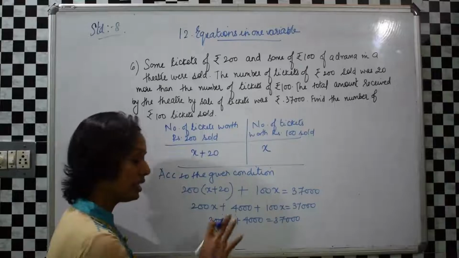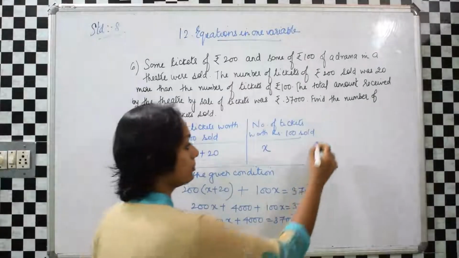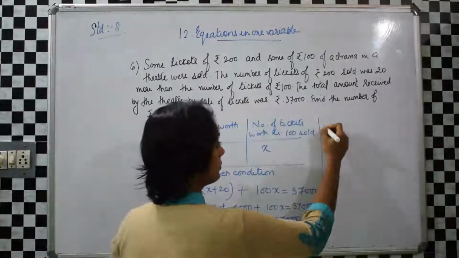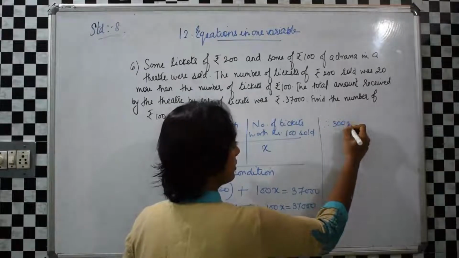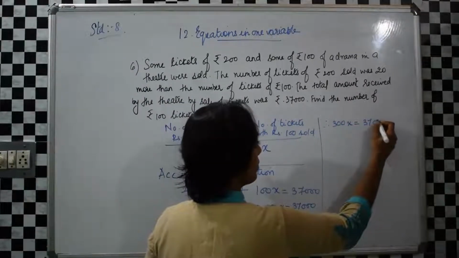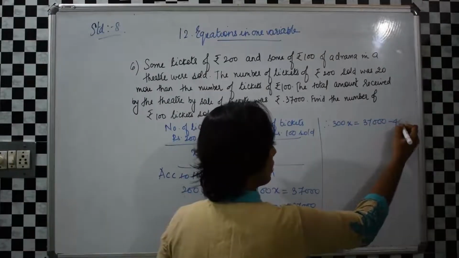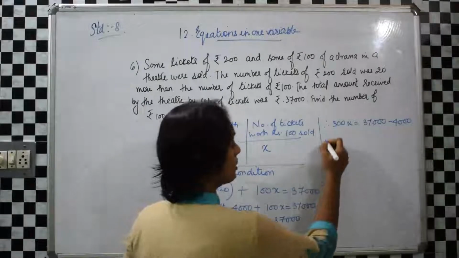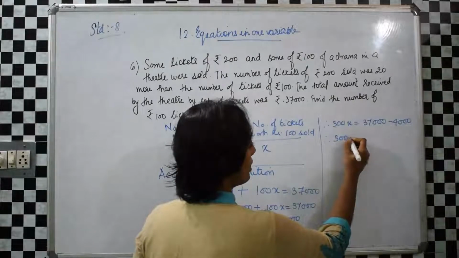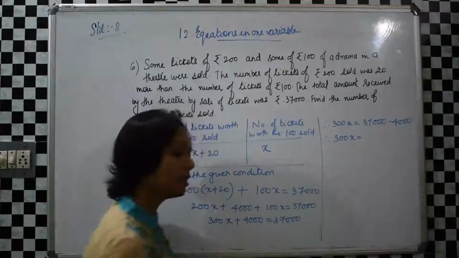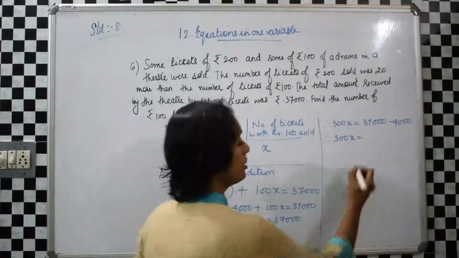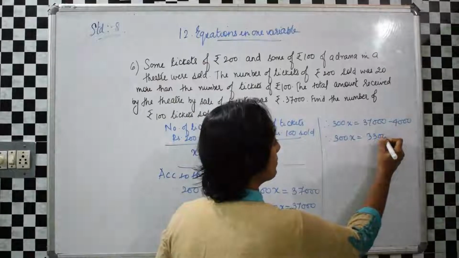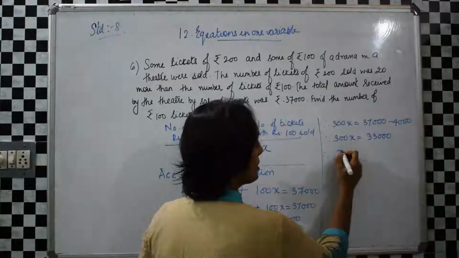Now what I'll do is I'll take this 4,000 to the other side. So 300x is equal to 37,000 minus 4,000. This plus 4,000 will become minus 4,000 when it goes to the other side. So 300x is equal to, what is 37,000 minus 4,000? 33,000.